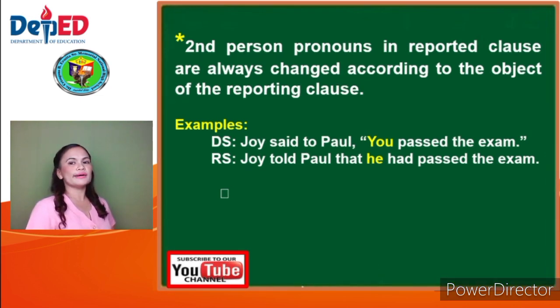The second person pronoun "you" is used since Joy was giving news to Paul that he passed the exam. Then "you" is changed to "he" because someone is already reporting what news Joy gave to Paul when the two were talking. And obviously, someone shares the good news to others that Paul passed the exam.